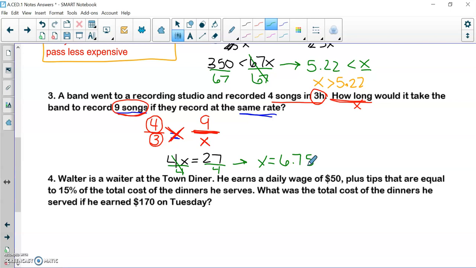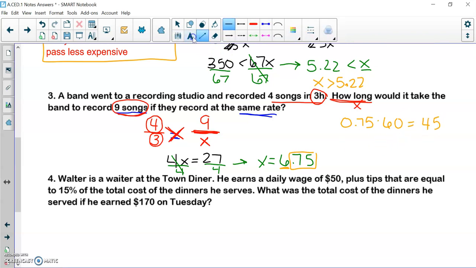We don't talk in that language of, oh, 6.75 hours. No, this is 6 hours. But then we need to convert the 0.75 into minutes. So 0.75 converted into minutes, since there are 60 minutes in an hour, I'm going to multiply that 0.75 by 60, and I wind up with 45.